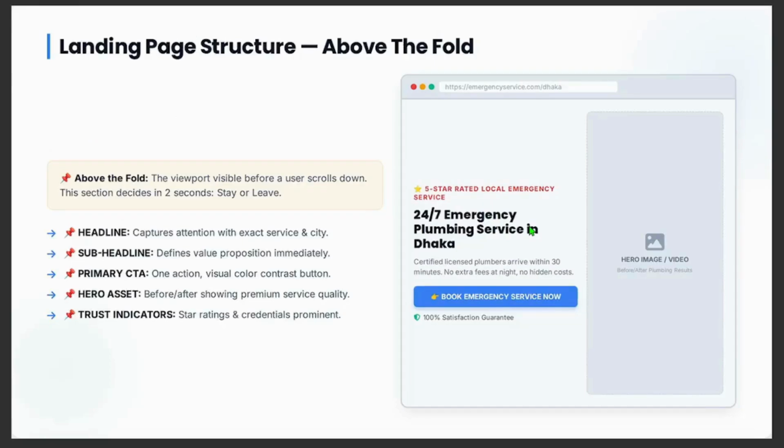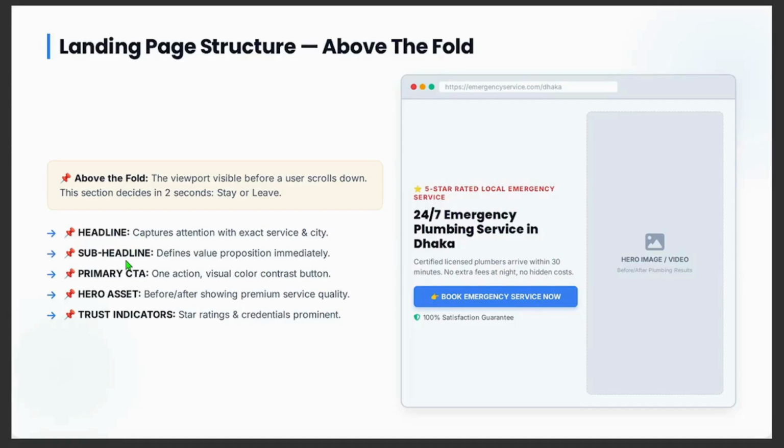And next, let me teach you about above the fold. Above the fold is the part of your page that users see before they scroll. This section decides in just 2 seconds: will the user stay or will they leave? So here is what you must include above the fold. First, a strong headline with your keyword and location.